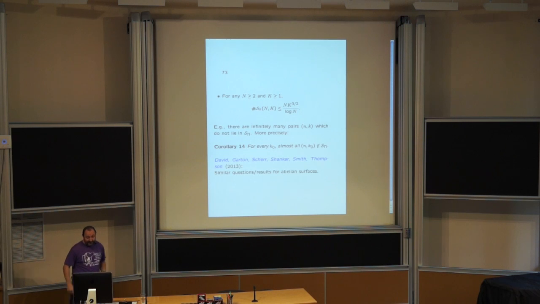And recently, Chantal, in collaboration with some other people, extended some of the results to a much more general case of abelian surfaces. I still need to look carefully at this paper and understand what actually they're doing there. So I cannot comment on this right now.